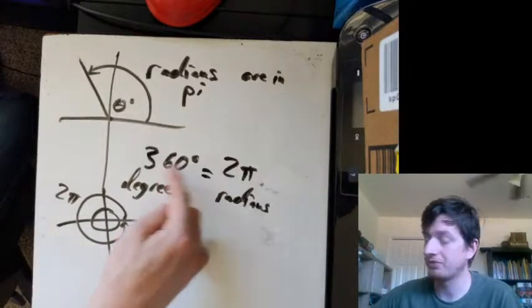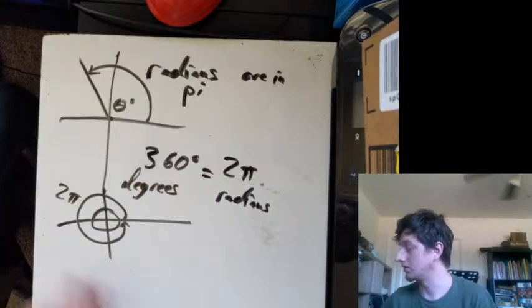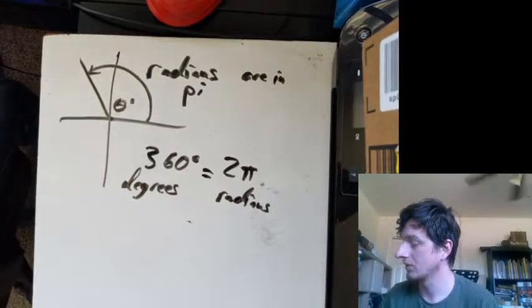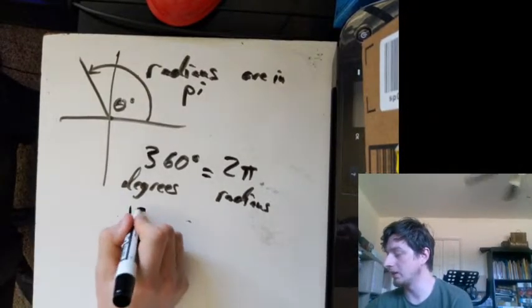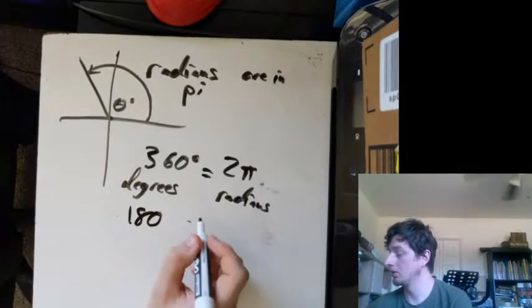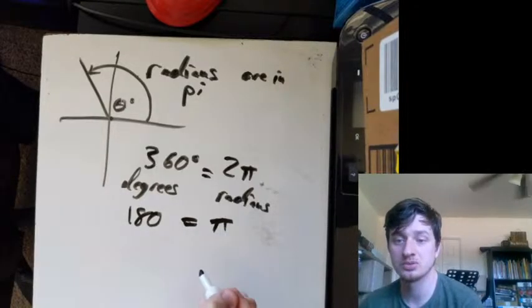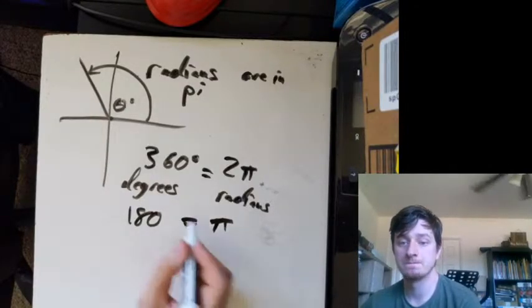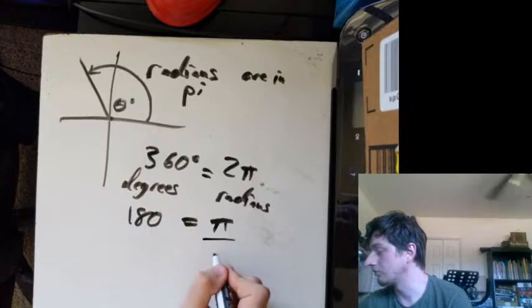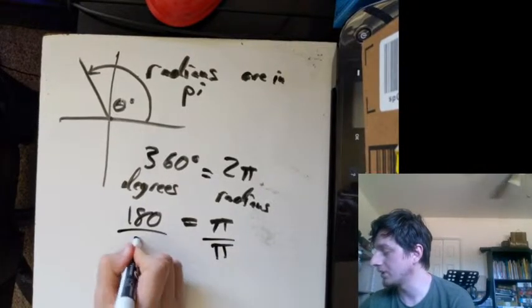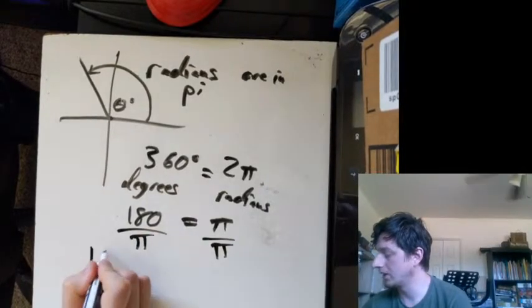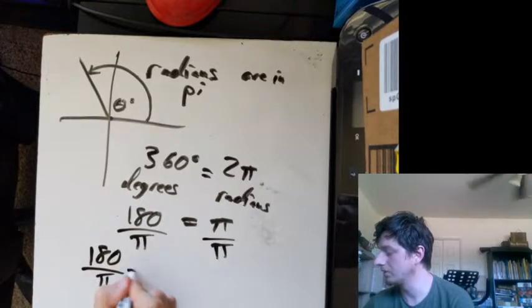So we can simplify this 360 and 2 pi. We can simplify it to be 180 if I divide by 2 on both sides. This is going to be 180 equals pi. And this is going to be the formula we're going to use. Okay? 180 equals pi to convert. And if I divide by pi on both sides, we get 180 divided by pi equals 1.